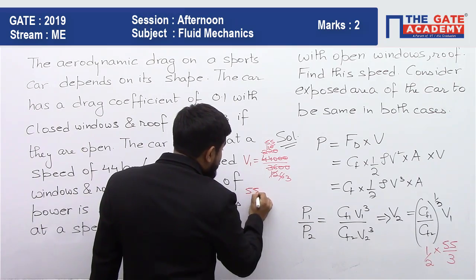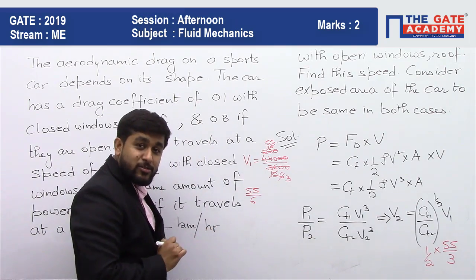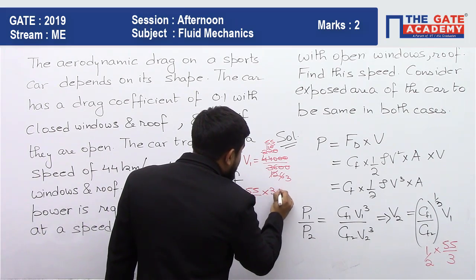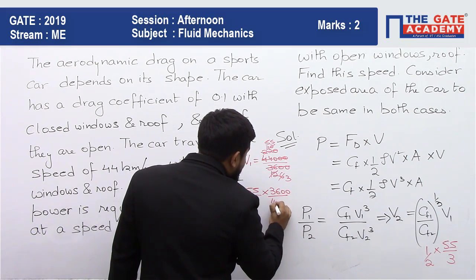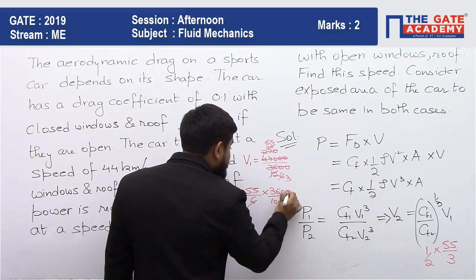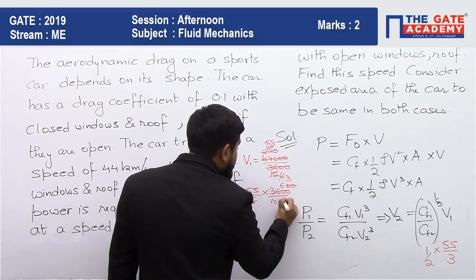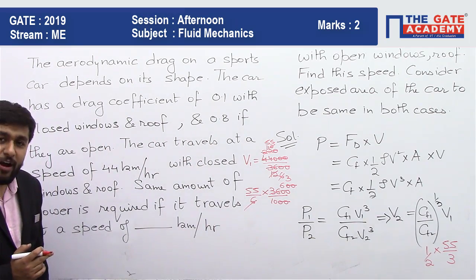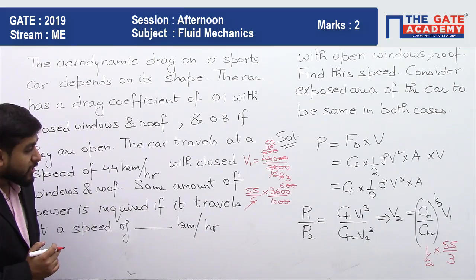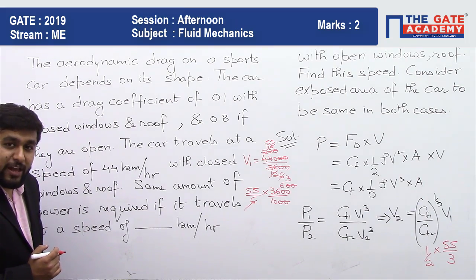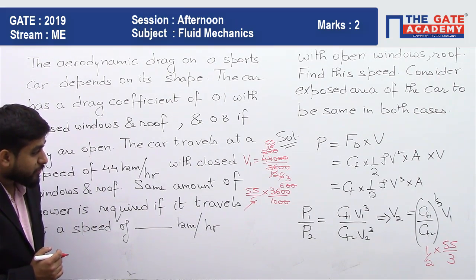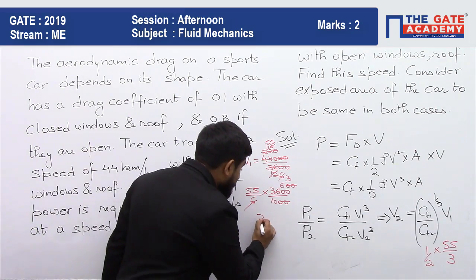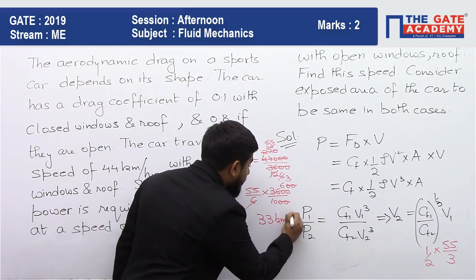So to convert it into kilometer per hour, you multiply by 3600 and then divide by 1000. So the two zeros will cancel out. And 6 into 55 is 330. So this will become 33 km per hour. So it is 33 km per hour.